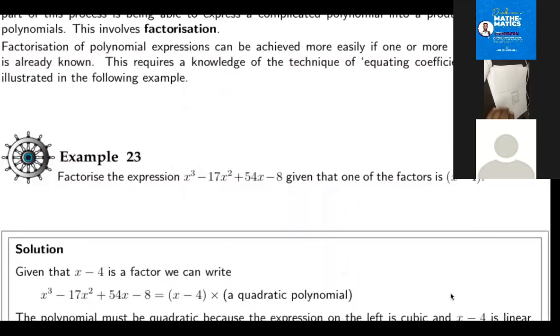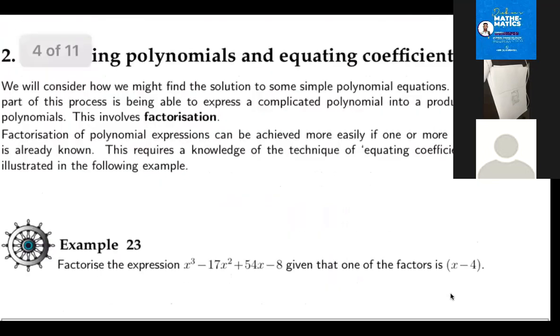Now, when you are given a question like this, the first thing you have to look out for is a constant. The degree is 3, that is the highest degree you have. So x cubed, then x squared, then x, and then 8. The 8 is the constant.